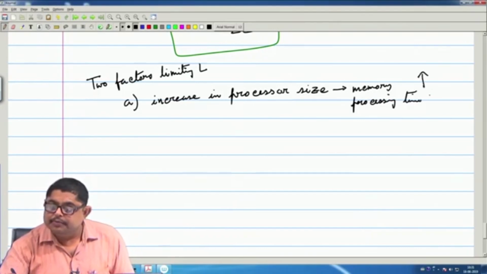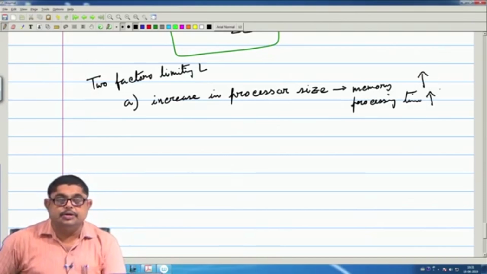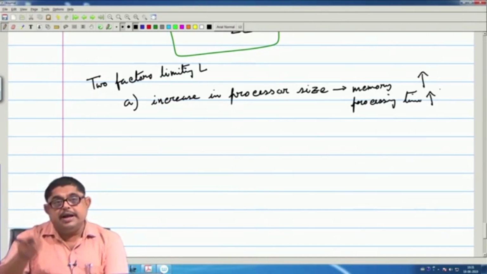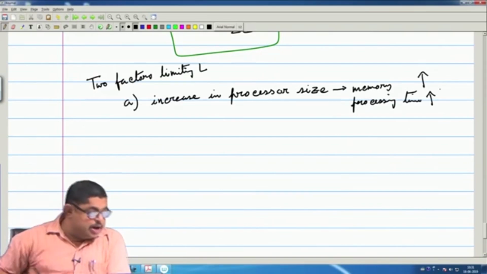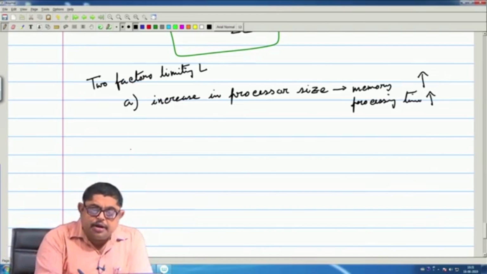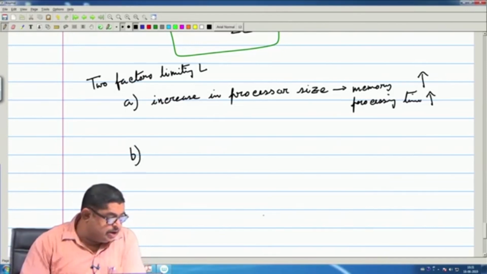So, I can say this is increasing, this is also increasing. You remember processing time increase means to generate an image you will take longer time etcetera. But I will say that is not the main thing.